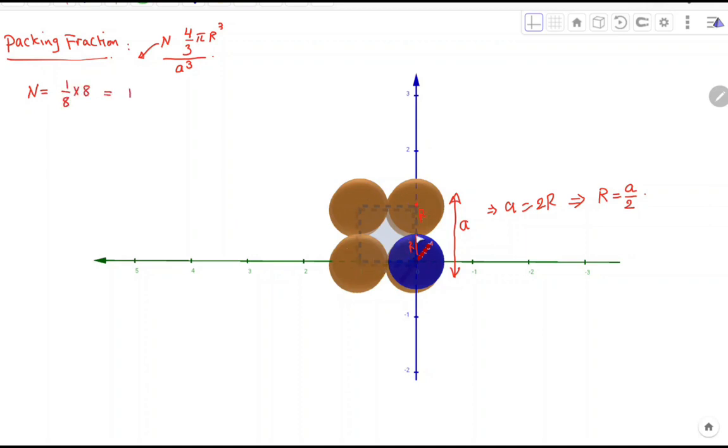The number of atoms in the primitive cell here is equal to 1.